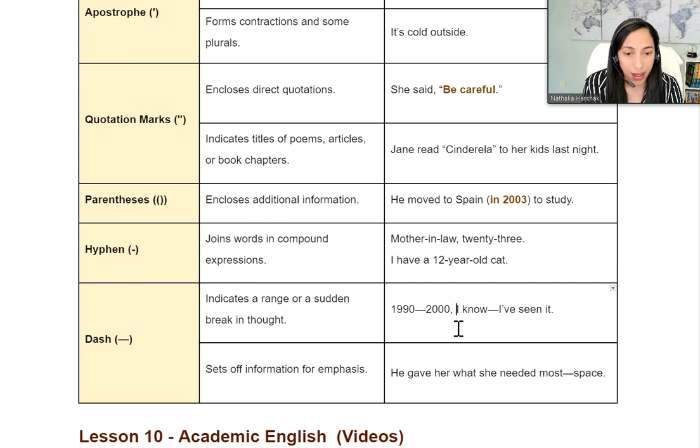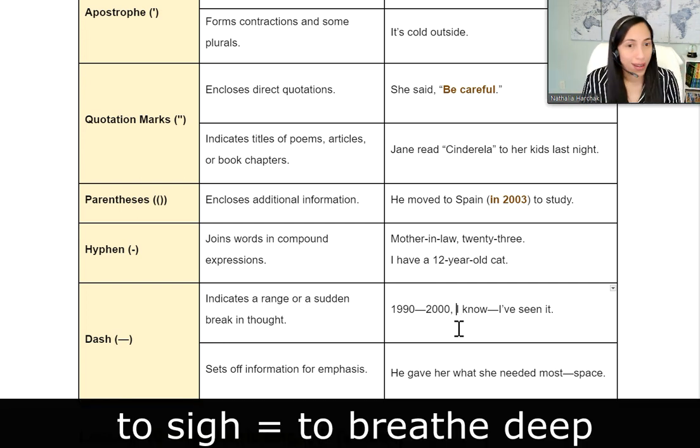If people say, I know, I've seen it. So I know, pause, I've seen it. So I've seen it is something that I want to say, but there is a breaking thought. You know, I usually say, yeah, I've seen it. You see? So it's a long pause.